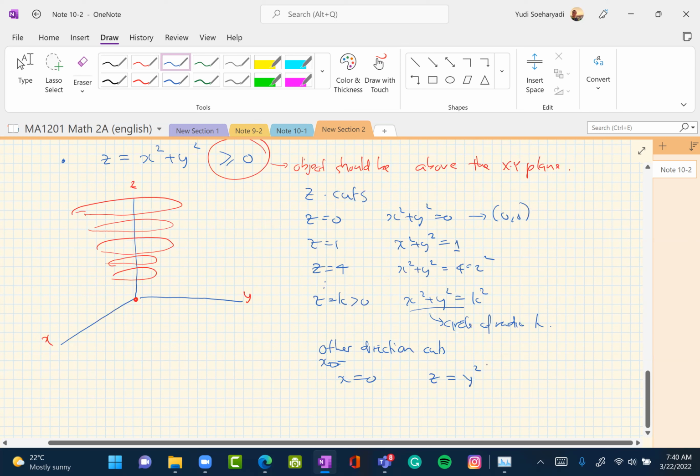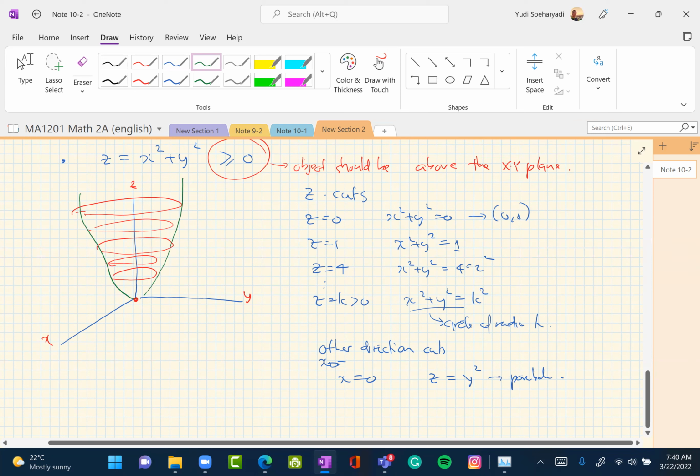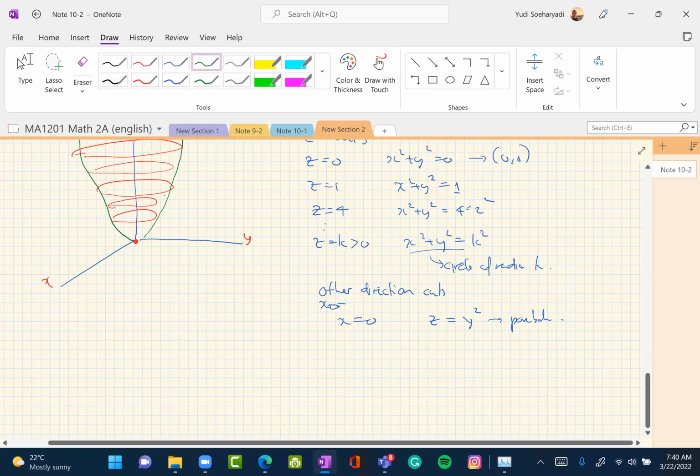Okay, so this is a parabola. Okay, so this gives you a, there. And it turns out to be something that we call a paraboloid.